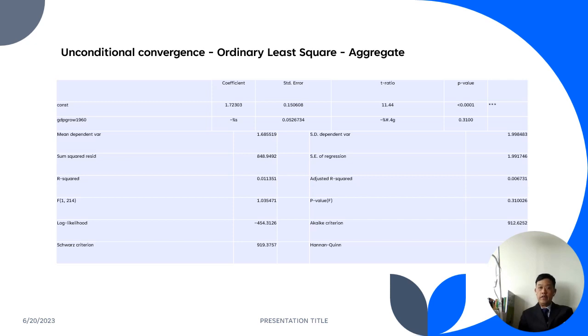Let's talk about the result of the regression analysis. As you can see, the coefficient of initial GDP per capita is negative and significant in both models, suggesting that countries with lower initial GDP per capita tend to grow faster than countries with higher initial GDP per capita, supporting the idea of unconditional convergence.